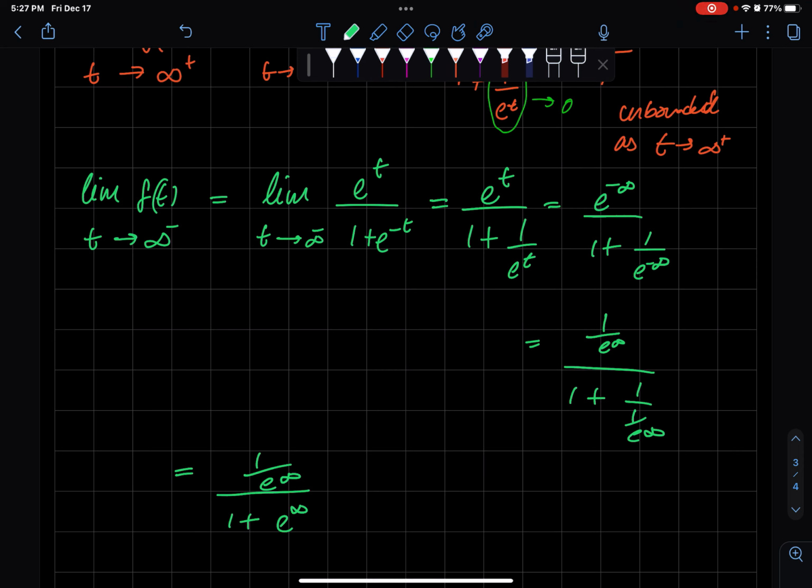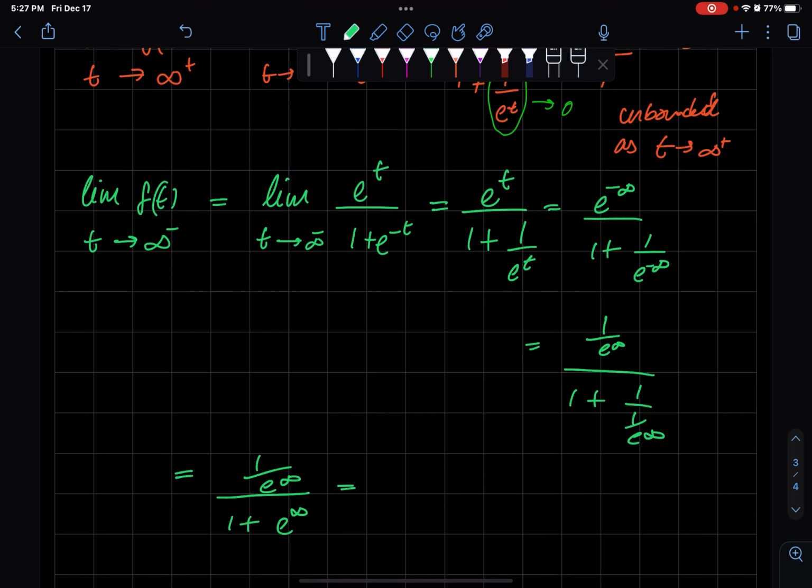And then we can pretend this 1 is not going to do anything as we go to infinity, so this is just 1 over e to the infinity divided by e to the infinity, and this goes to 0. So this is just 0 divided by some huge number, which is just 0.